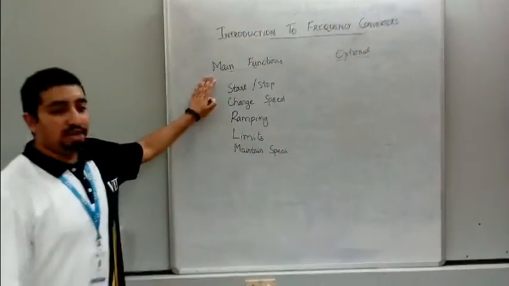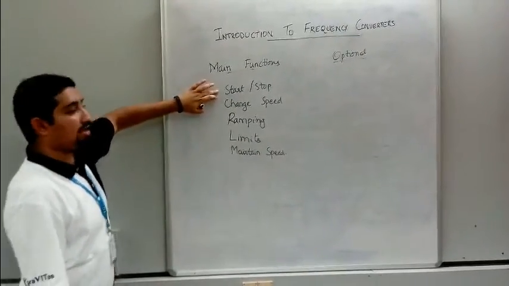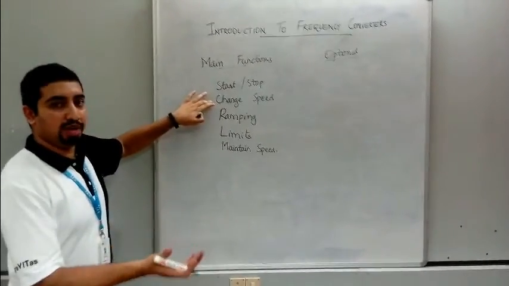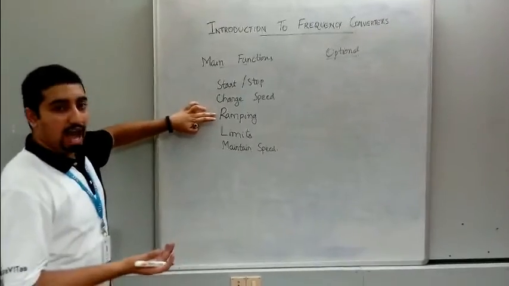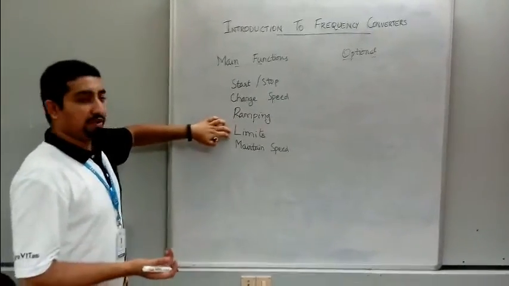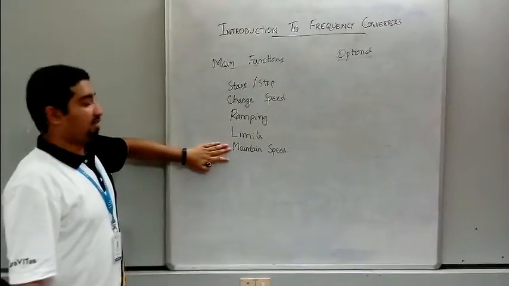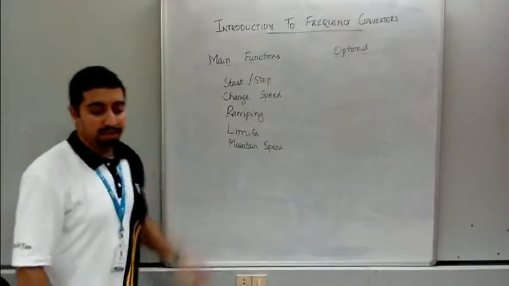So these are the main functions of a frequency converter. We have a start-stop to start or stop the motor. We have a change speed that changes the motor speed, and that change should occur as a ramp and not as a sudden change. Then we have certain limits, upper and lower limit, that FC can work in, and then there is a function called maintain speed.